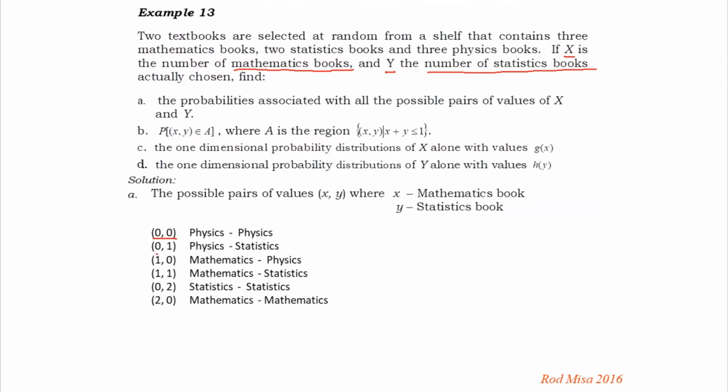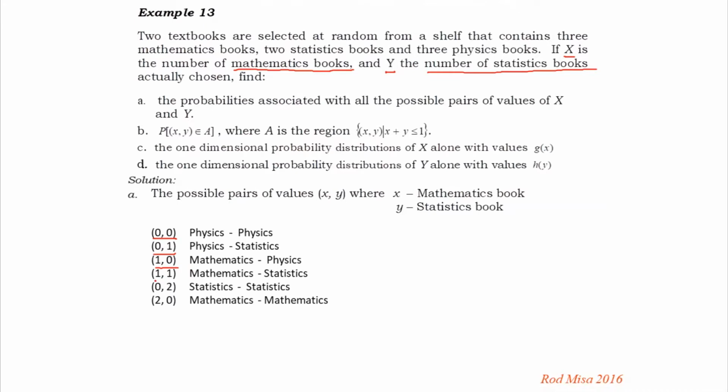So if you have a value of 0, 1, it means that there is no mathematics book, but you have one statistics book. And in the pair 1, 0, you have one mathematics book and no statistics book. Then, therefore, the other book must be a physics book here.